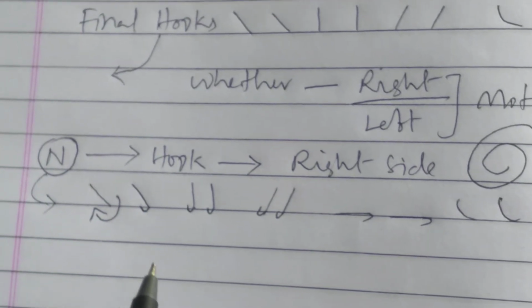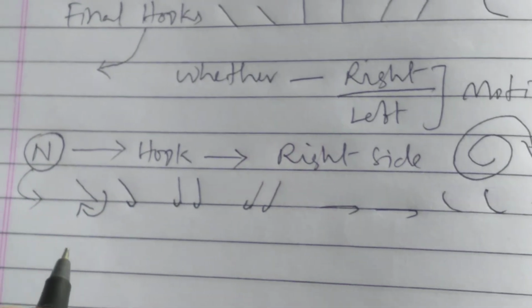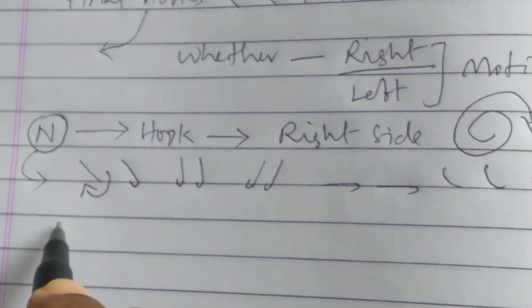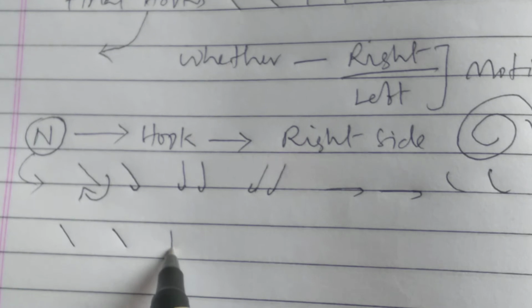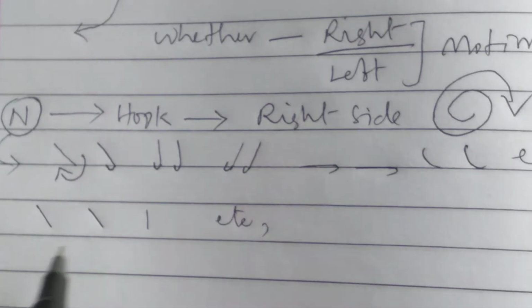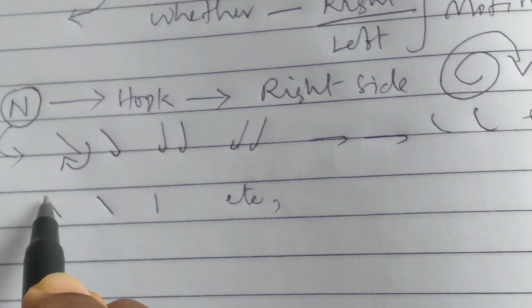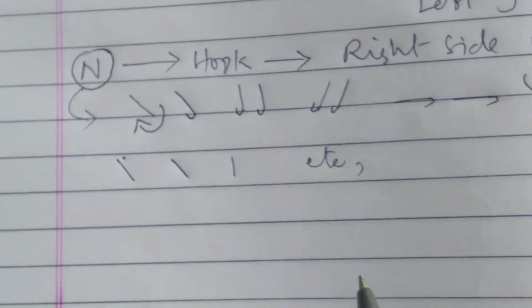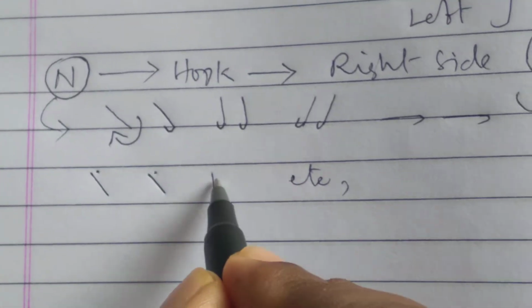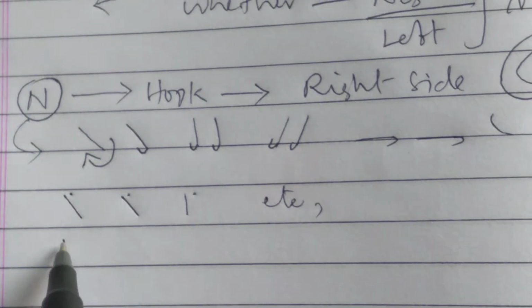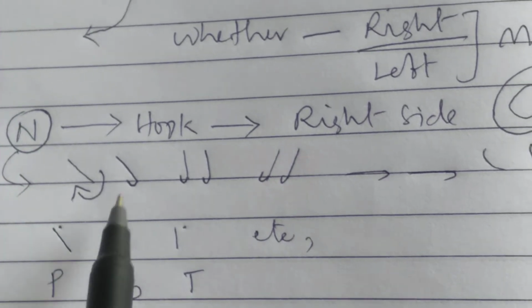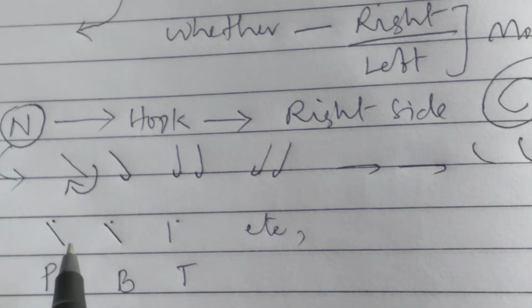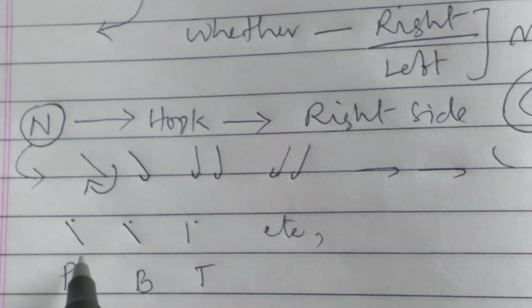Now I am giving examples for understanding. I am writing P stroke, B stroke, T stroke, etc. And I am also indicating vowels. First place, first place, first place. This is P stroke, B stroke, T stroke. Now I am adding the N hook. N hook means it is with right motion, no?